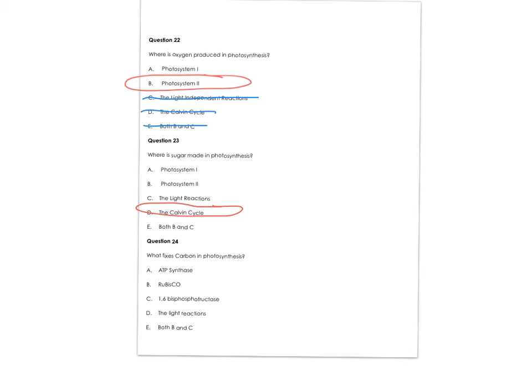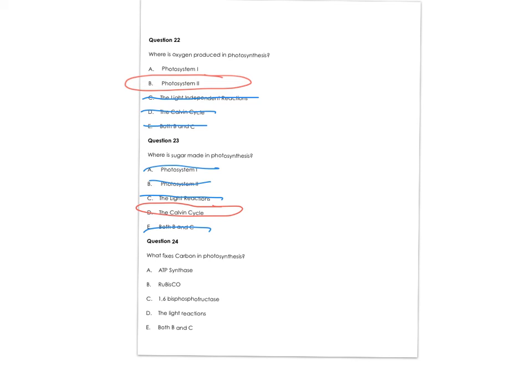It's not in photosystem 1 and 2, because that's only where you're making your ATP and NADPH, releasing electrons, and breaking down water and oxygen. Those two photosystems are the light reactions, and it's not B and C. It says light reactions, not light independent reactions, right? Light independent reactions are the Calvin cycle. The English language is tricky.